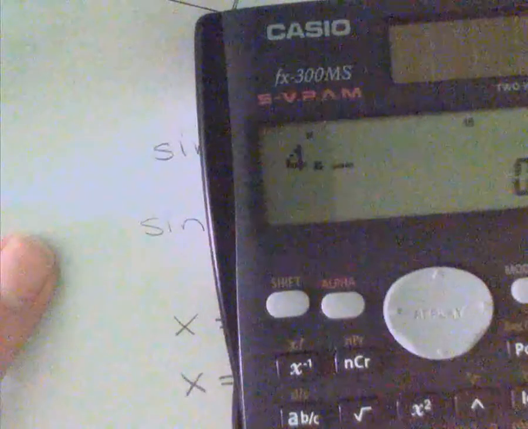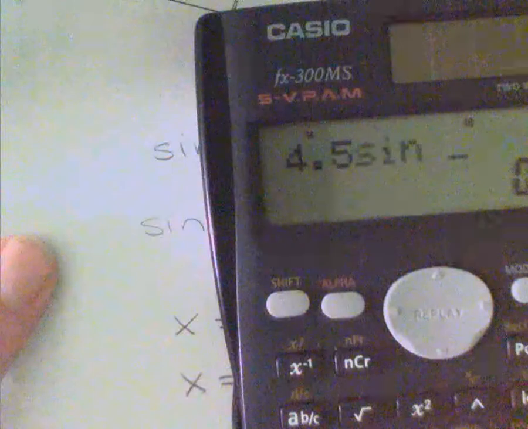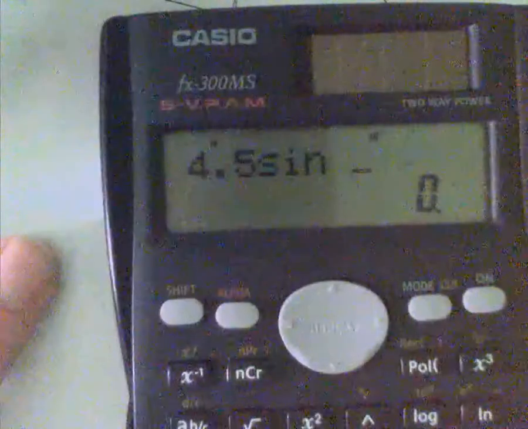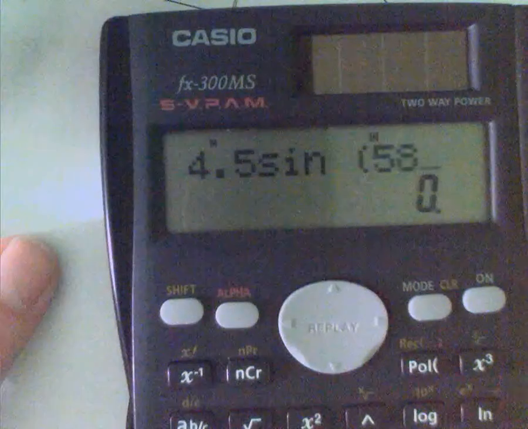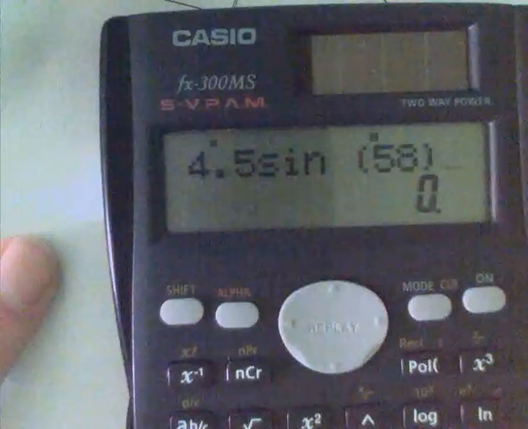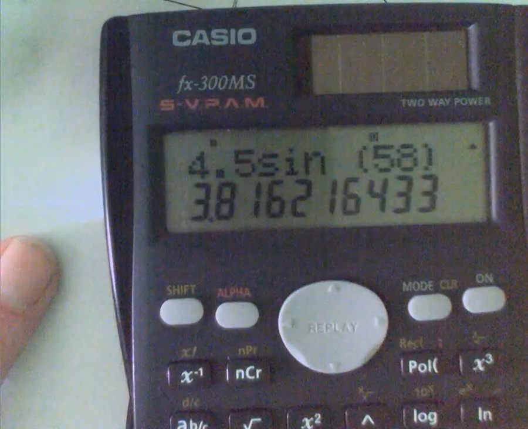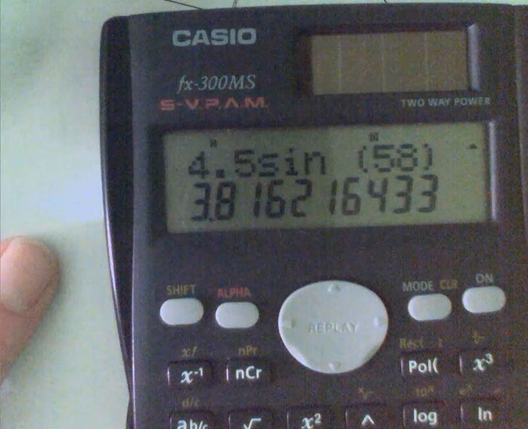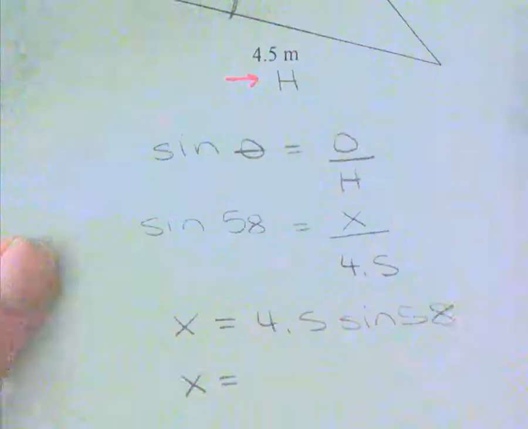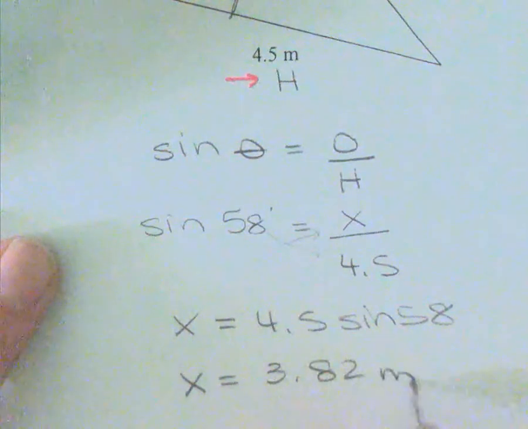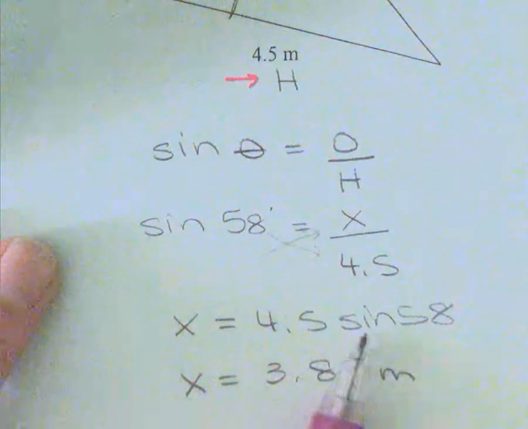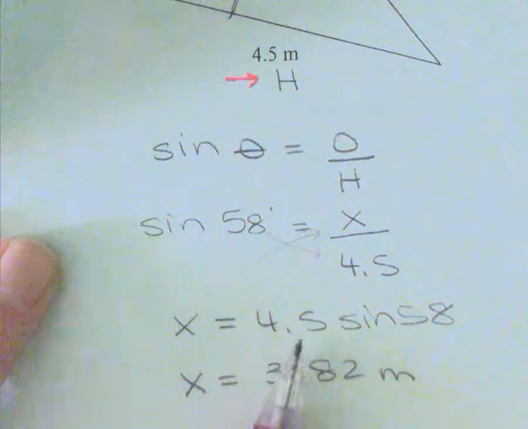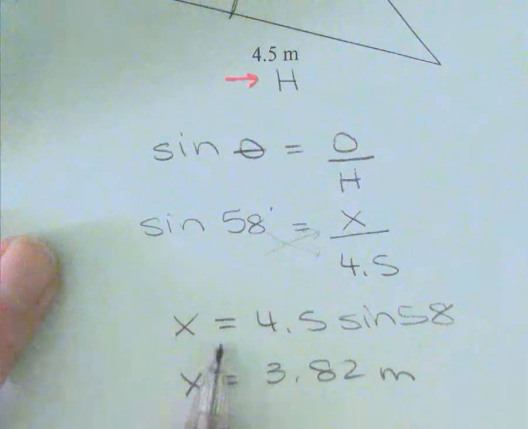So I have 4.5 sine bracket 58 close bracket, and then I hit equal. And I round it, I get 3.82. And it's meters. If you have a different type of calculator, you may have to do 58 sine times 4.5 equals to get your answer.